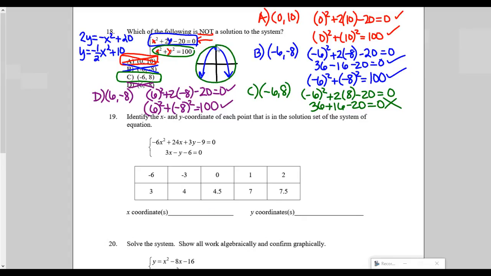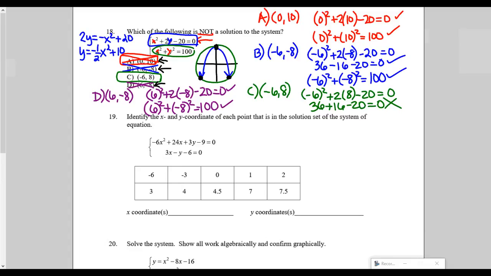This answer up here was 0, 10, which was answer choice A. This one down here would be negative 6, negative 8, which is answer choice B. And this one down here is going to be the positive 6 and negative 8, which was answer choice D. So C at negative 6, 8. There's not going to be any solution up here in this second quadrant. That was my bad answer.